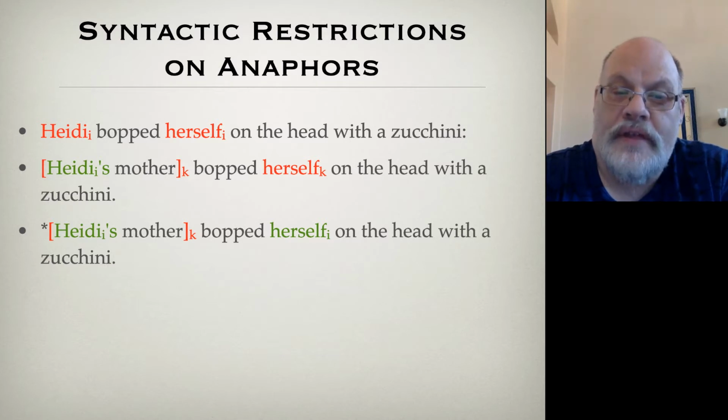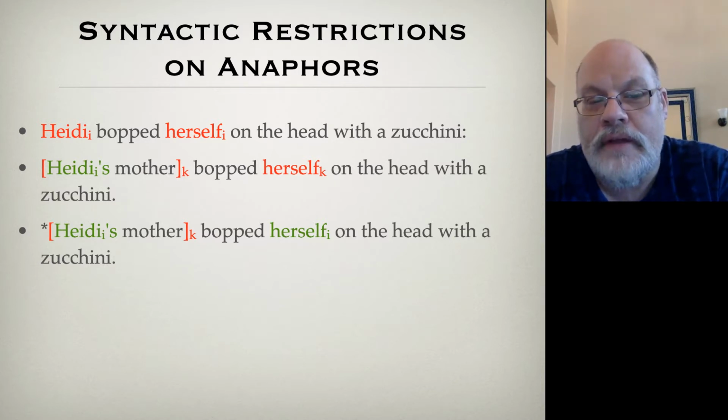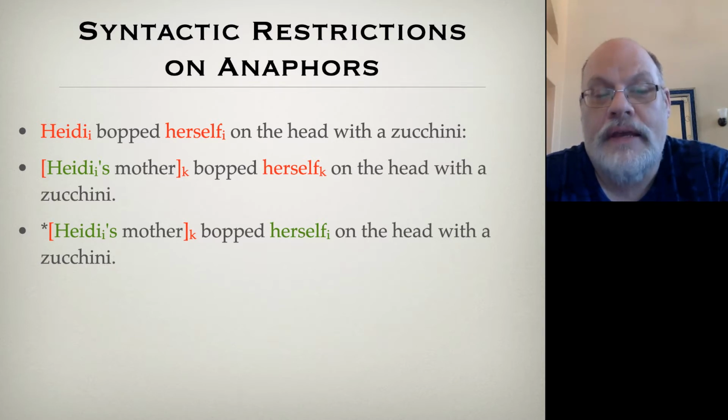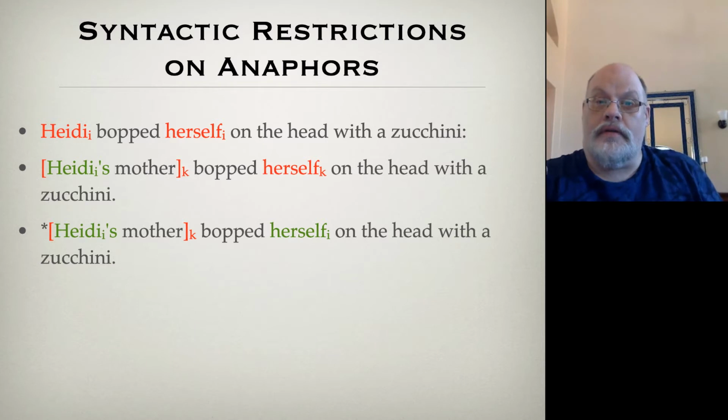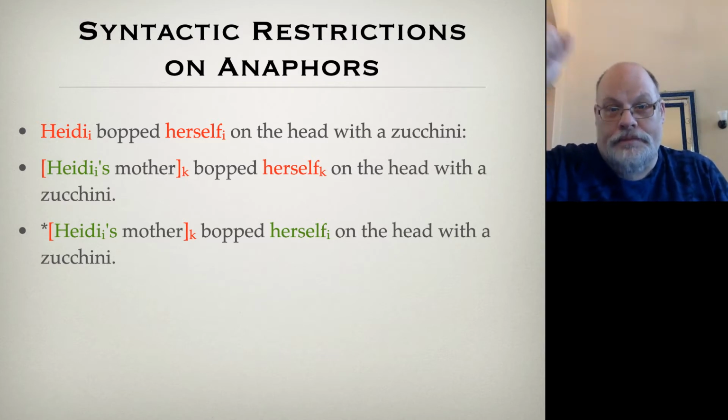So in our third sentence, I've indicated this with different indexing, where Heidi has the i and herself has the i. This is an impossible meaning for this sentence. Heidi's mother bopped herself on the head with the zucchini simply cannot mean Heidi's mother took the zucchini and bopped Heidi on the head. It can only mean that Heidi's mother did it.